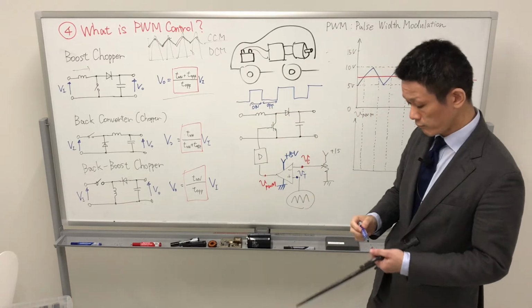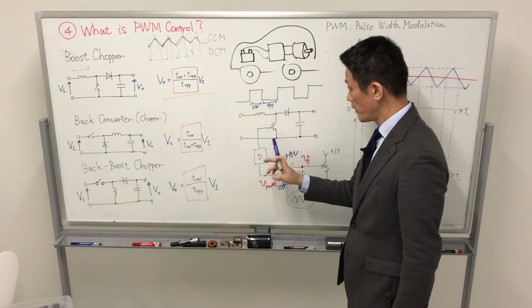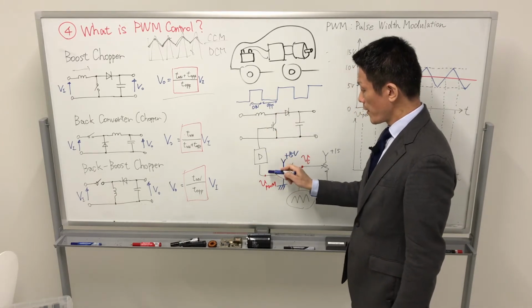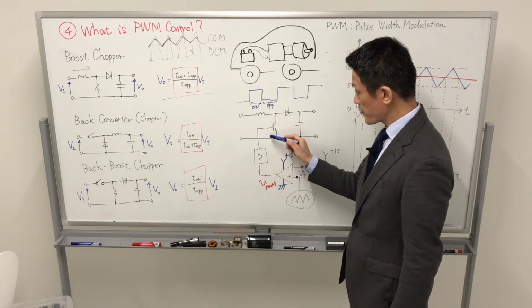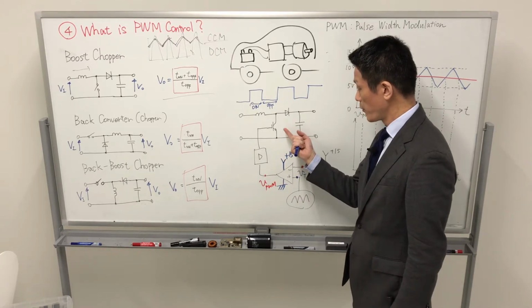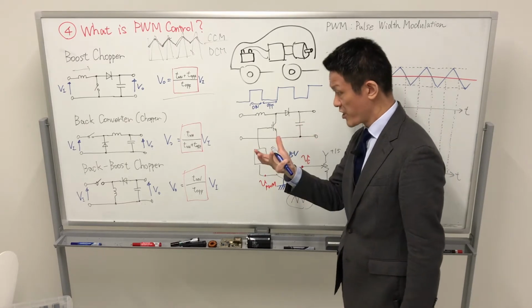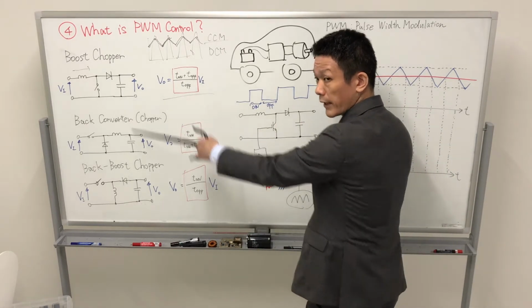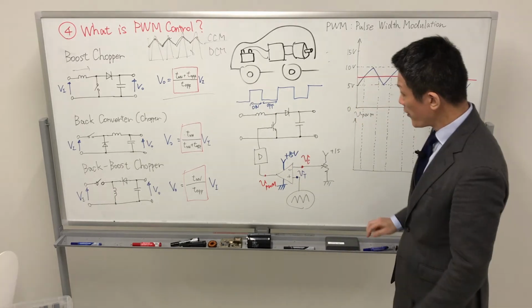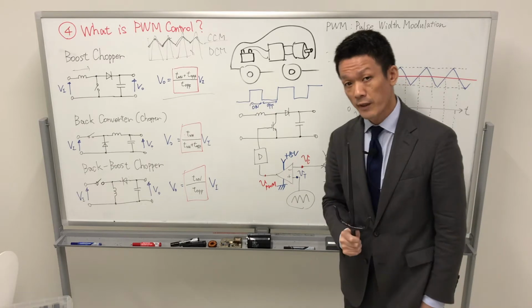If we supply this signal through the gate drive circuit, we can operate this power semiconductor device as a switch. So we require this shaped voltage signal.